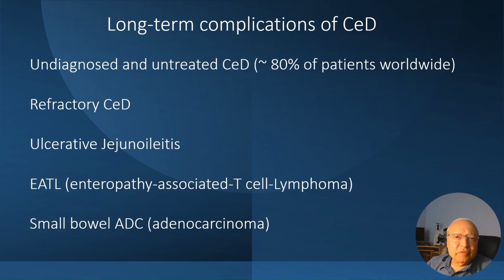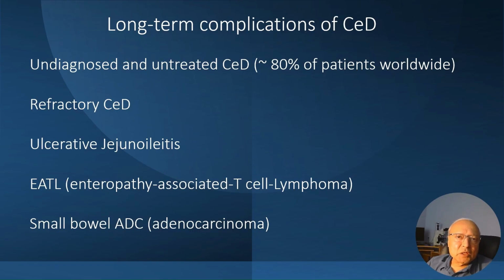Along with refractory celiac disease, there may be ulcerative jejunoileitis and sometimes development of lymphoma along with refractory celiac disease. And this is described as EATL or enteropathy associated T-cell lymphoma.